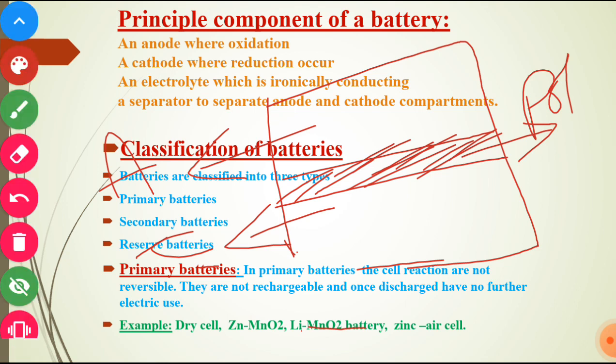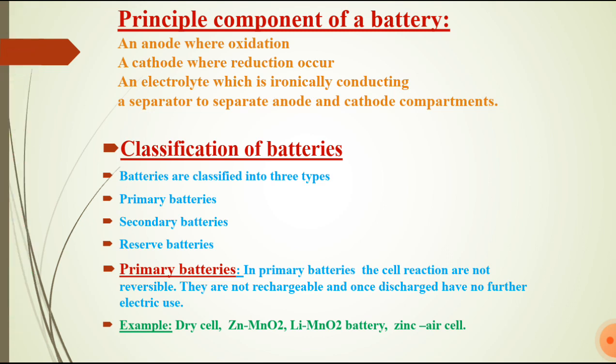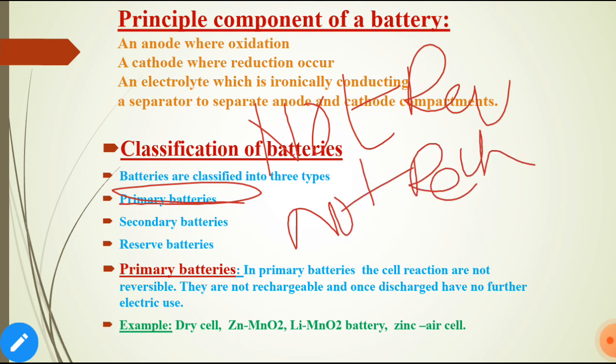Now let us see the classification of batteries. Batteries are classified into three major types: primary batteries, secondary batteries and reserve batteries. First, primary batteries. In primary batteries the cell reaction is not reversible, they are not rechargeable, and once discharged they have no further electrical use.